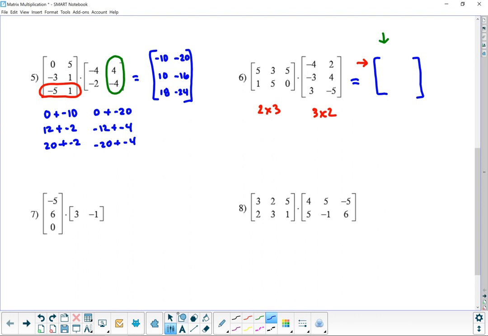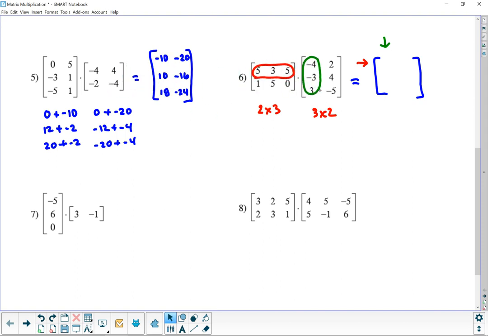So if I want that first spot, right here, that's gonna be the first row. So I'm gonna utilize the first row, and I'm gonna utilize the first column. So first row, first column.